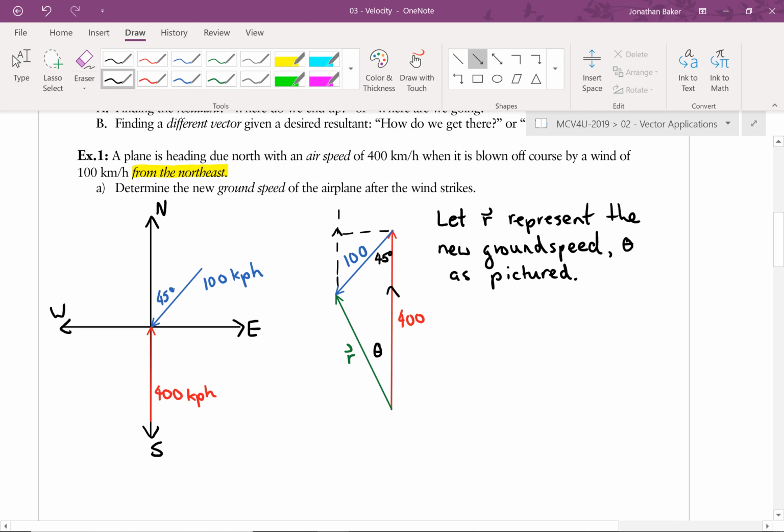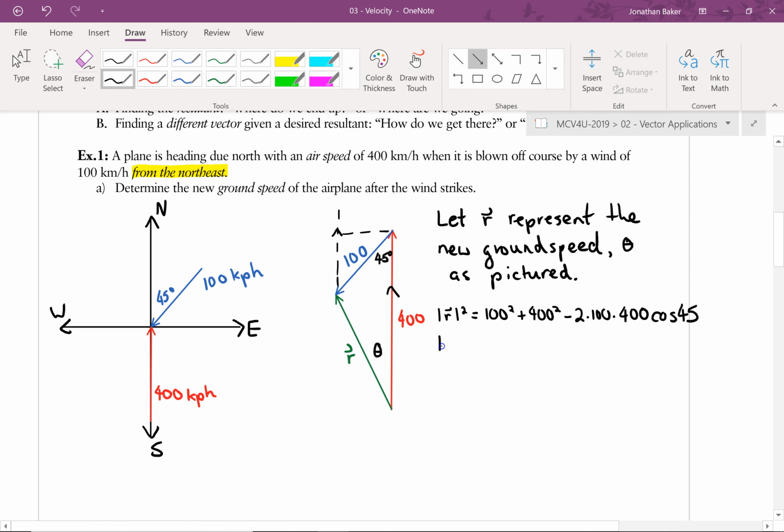And really, now at this point, we can find R with the cosine law because we have an angle contained by two known sides. So let's set that up. The magnitude of vector R squared is going to be equal to 100 squared plus 400 squared minus 2 times 100 times 400 times the cos of 45.